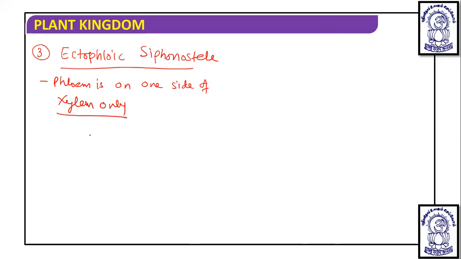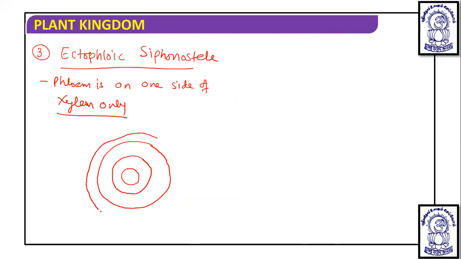If you draw a diagram of this siphonostele, then you will see the presence of pith. Pith is surrounded by the xylem, and outside the xylem you will find the presence of phloem, and outside the phloem you will find the presence of pericycle. So pith is present, but phloem is present on only one side.